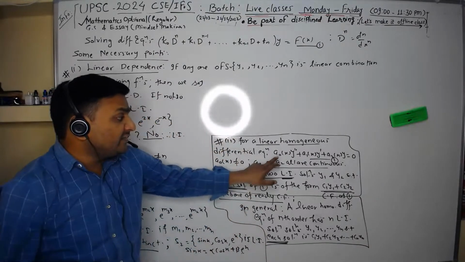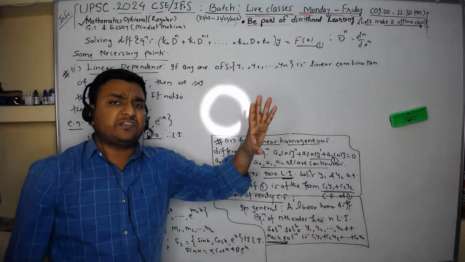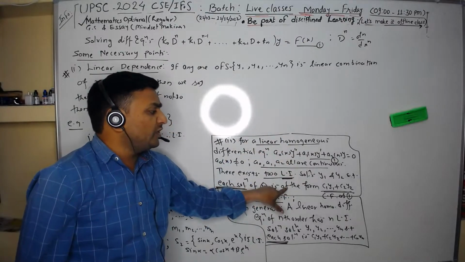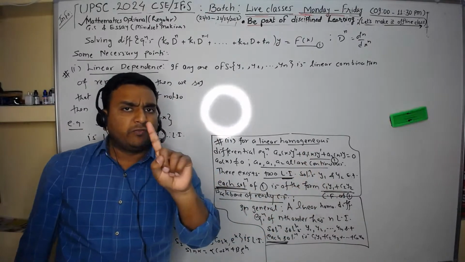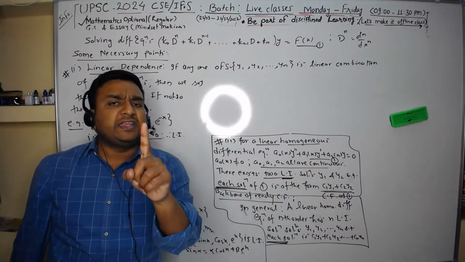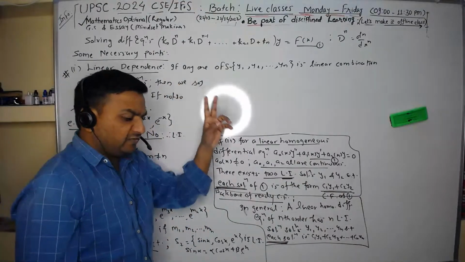It means all the solutions will be of the form C1 y1 plus C2 y2, where y1 and y2 are linearly independent solutions. Let's move now.